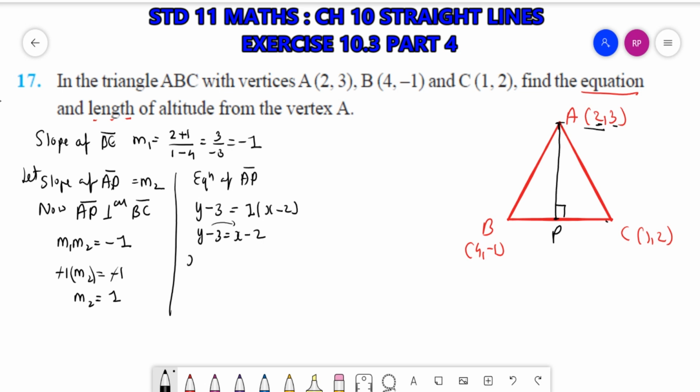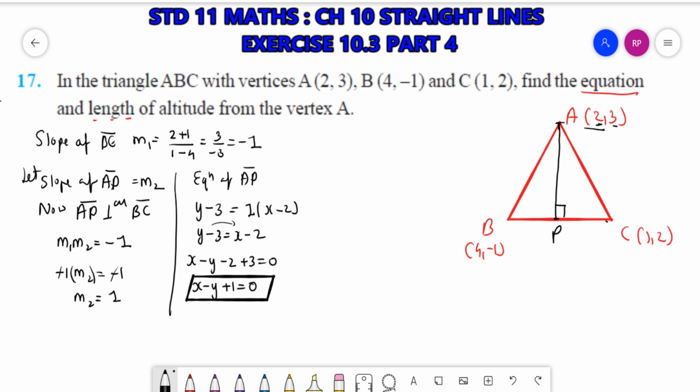Taking on the other side, x minus y minus 2 plus 3 equal to 0. So x minus y plus 1 is equal to 0. Clear? So this is the equation of the altitude from point A.